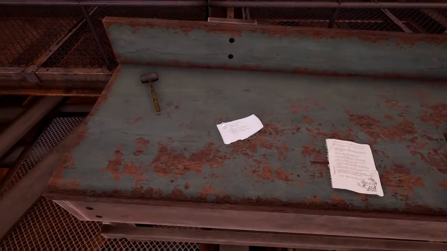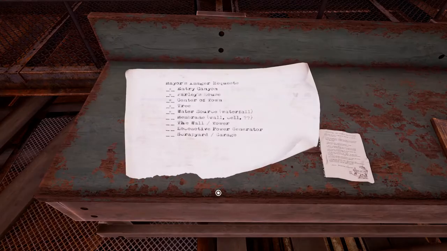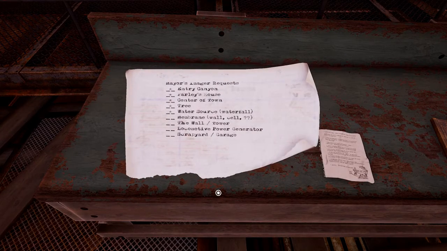Okay then. Some of these are like tongue twisters. Mayor's Imager request. Entry canyon, Farley's house, center of town, tree, water source or waterfall, membrane, wall, cell, question mark, the wall, tower, locomotive power generator, scrapyard, garage.